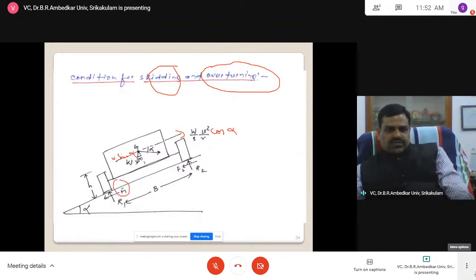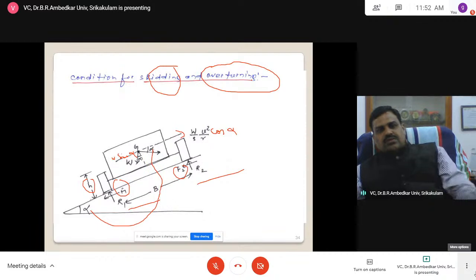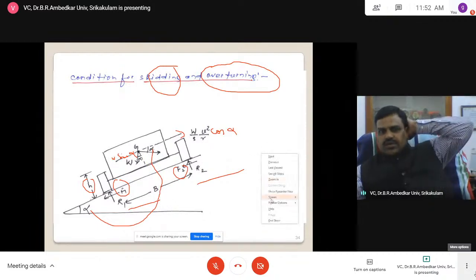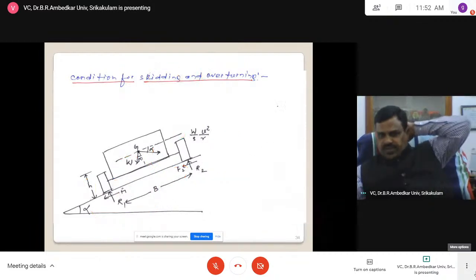This is the frictional force F1 and F2, two reactions R1 and R2. The centroid distance from the plane is h, and this is alpha. So this is how we will consider the problem.